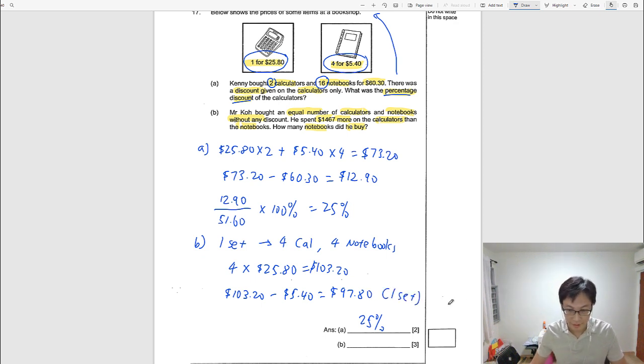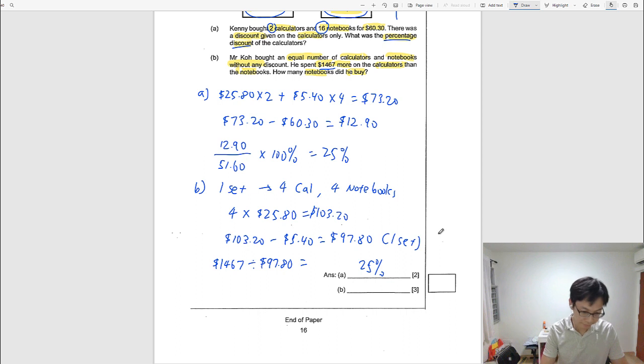So far so good. So in one set, the difference in price between 4 calculators and 4 notebooks is 97.8. So the question is, how many sets do you need to get a difference of 1467? Very simple. You simply take 1467 divided by 97.8 to get the number of sets.